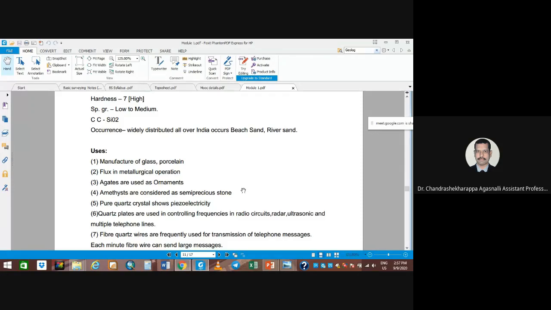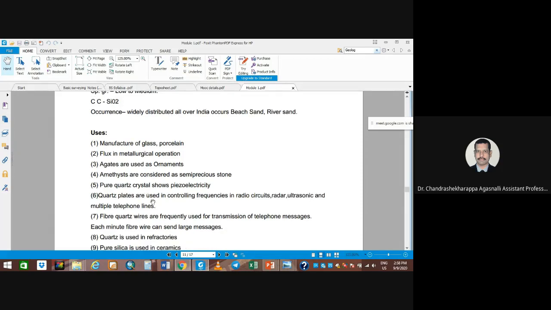Okay, pure quartz crystals show the piezoelectricity property. That's why we use pure quartz crystals in ultrasonic equipment. So quartz plates are used in controlling the frequencies in radio circuits, radar, ultrasonic, and multiple telephone lines.